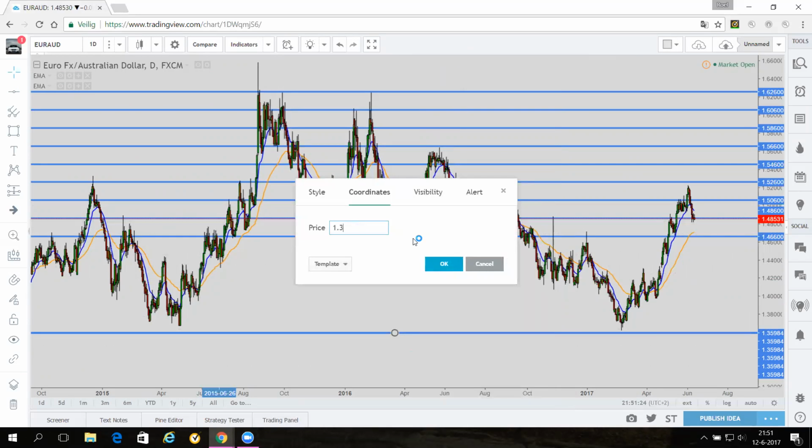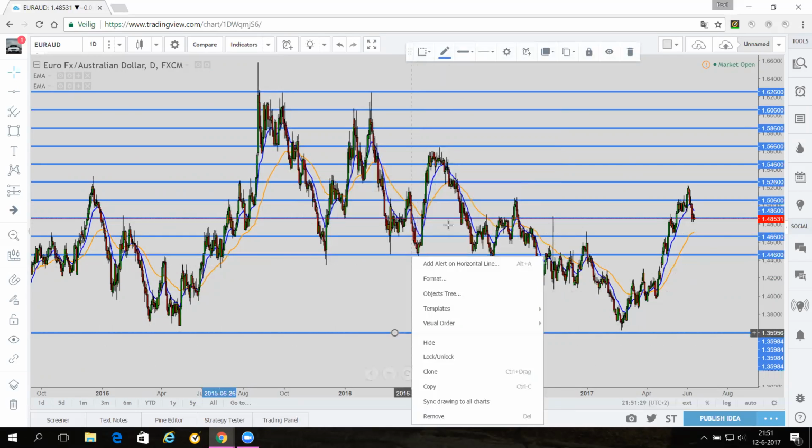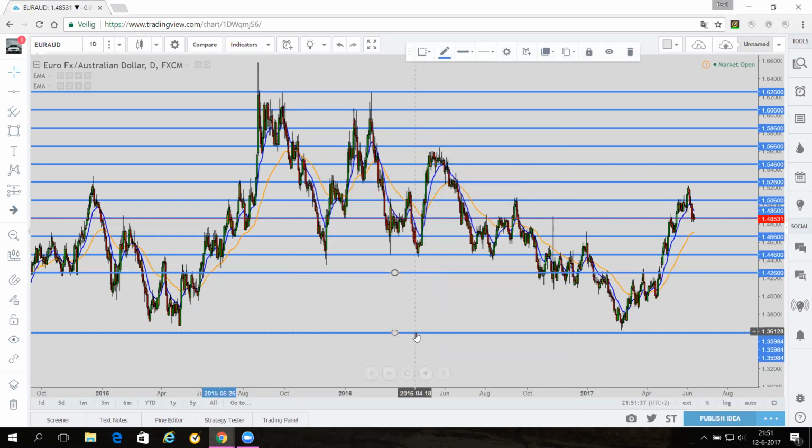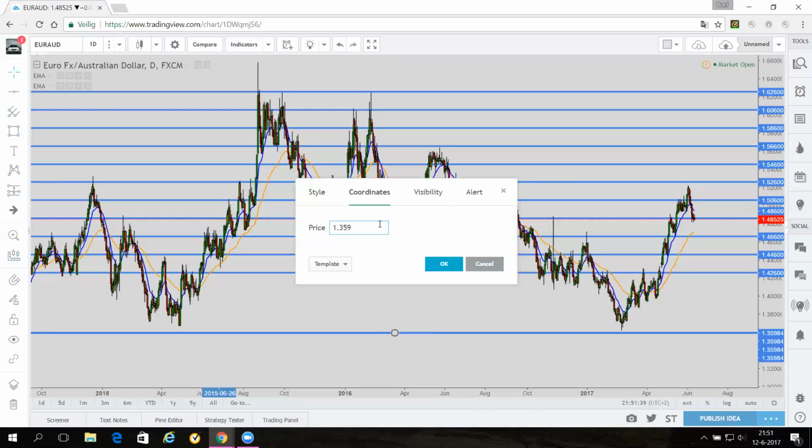You can kind of see already where I'm going with this. Every single line is 200 pips apart, and you will see how structured it is.